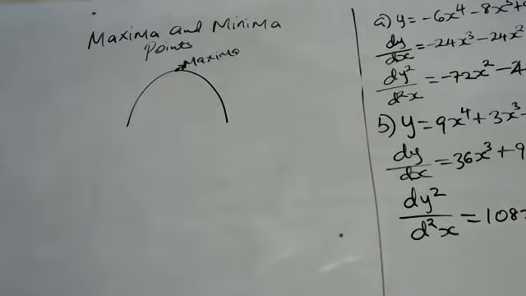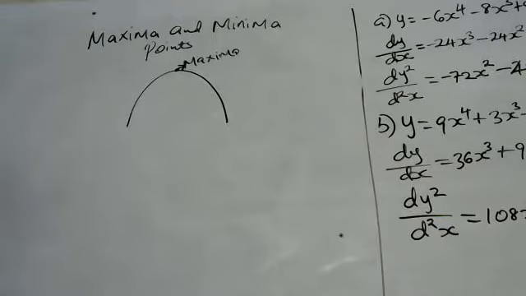Then you say on another line that a minimum point is the lowest point a curve will go before it turns upwards.